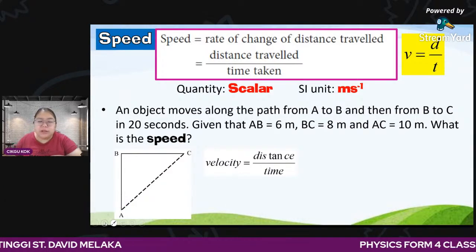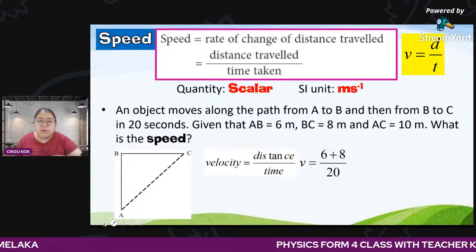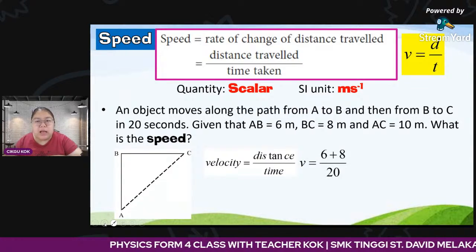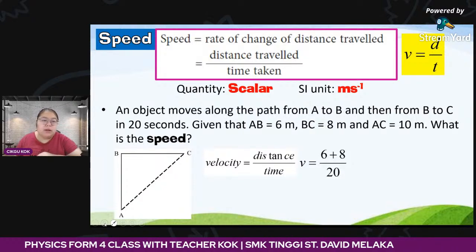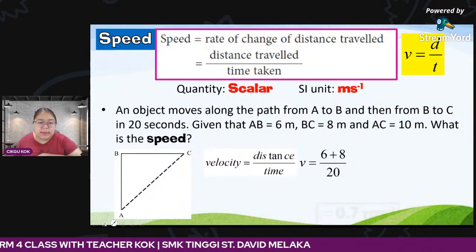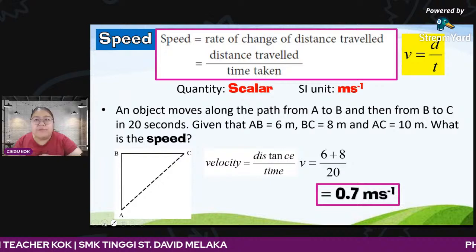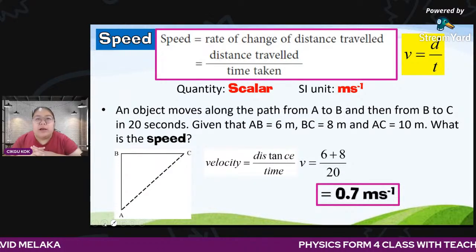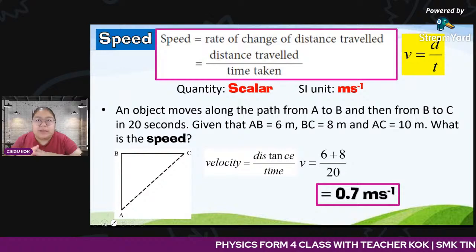So we're using 6 plus 8, over the total time taken. The total time taken is 20 seconds. So we find 0.7 meter per second. Okay, correct for the students. Alpha is also correct using 6 plus 8.